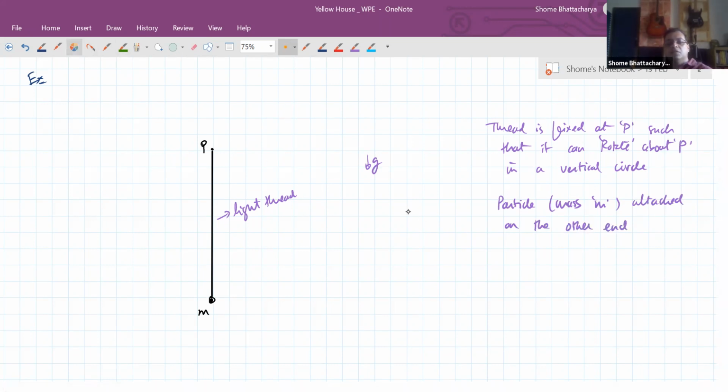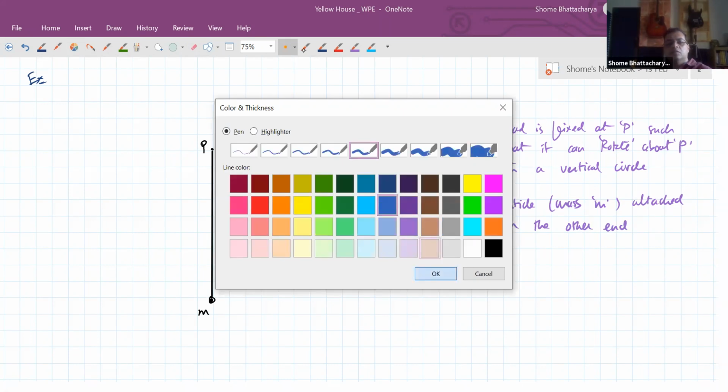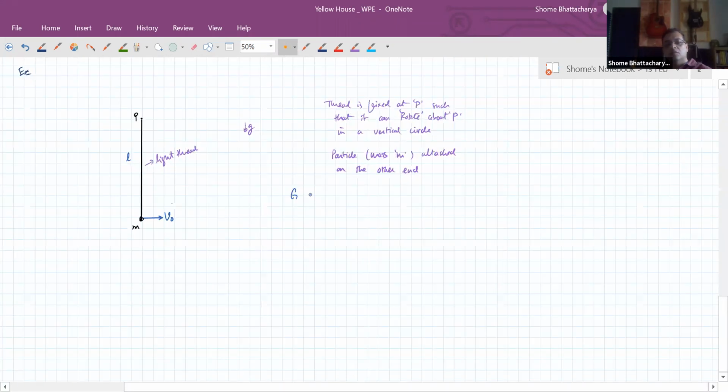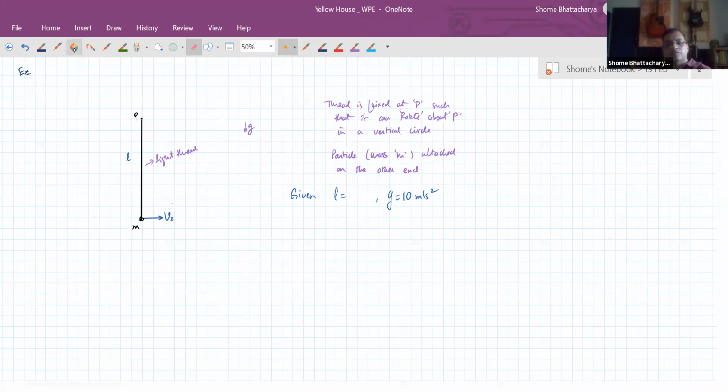Now initially the particle is given a speed of v naught at the bottom, and the length of the thread is L. So given that the length of the thread is once again 20 meters, it's an easy value to handle, and g is equal to 10 meters per second square. In fact, let's take L to be 10 meters this time.